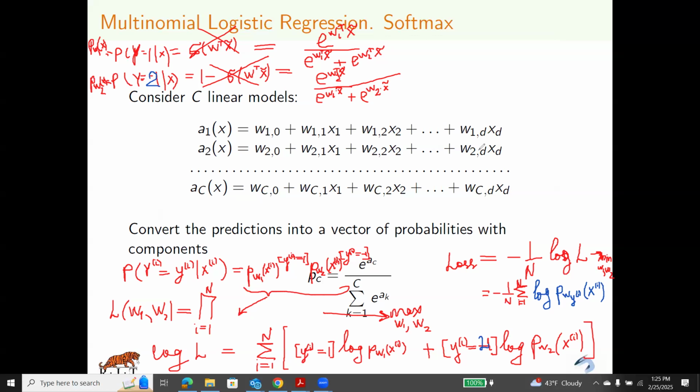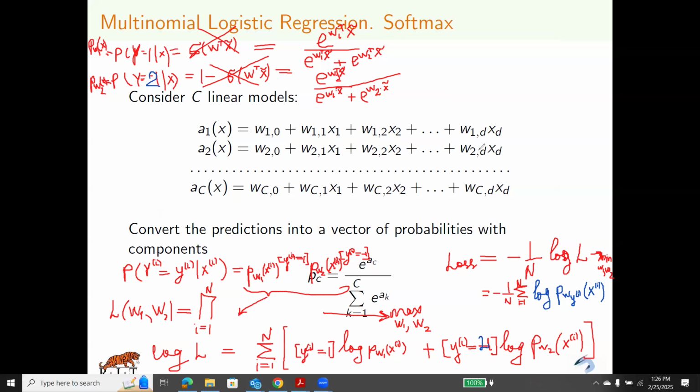It's the same as this, but with a sum instead of the product. Now you take the log. So it will be sum over i and sum over j, times the log.